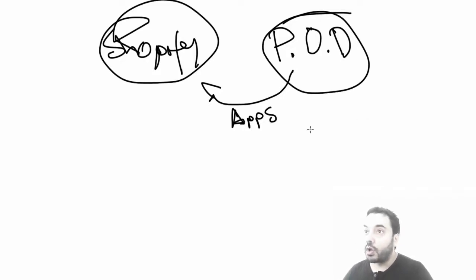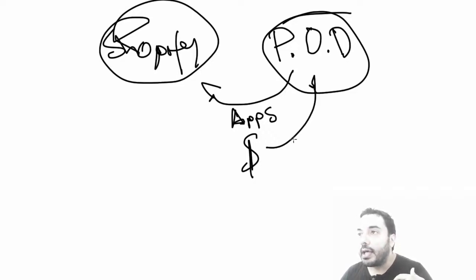And you just collect the money. Obviously, as soon as someone pays you from Shopify on your store, you send the money to the print-on-demand companies, the money required for doing the processing of the merchandise, the printing, the shipping.